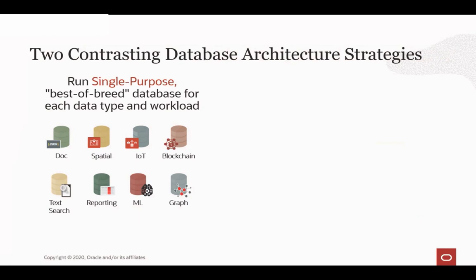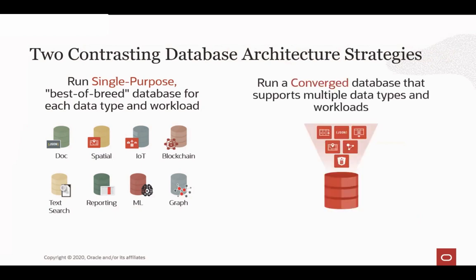Now let's understand an altogether different strategy, very contrasting to this, which is the Oracle Converged Database. As you can see in this Oracle Converged Database figure, it is hosting various different types of data models, right?